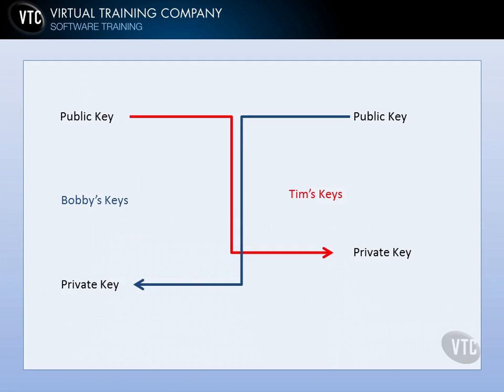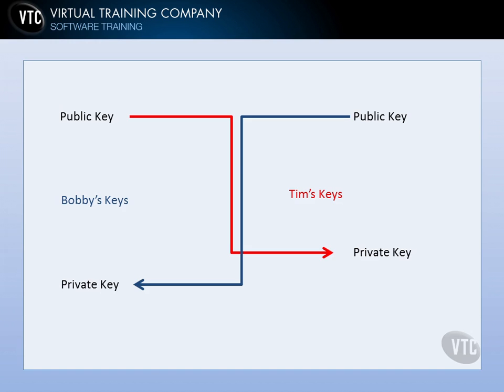Now here's a little diagram I've drawn that shows you how this works. On one side we have Bobby's keys, the public and private, and on the other side we have Tim's keys, public and private. If I wanted to send something to Tim, I would encrypt with Tim's public key and send it to him, because only Tim could decrypt it with the private key, and Tim would do the same thing. So what the public key encrypts, only the private key can decrypt.